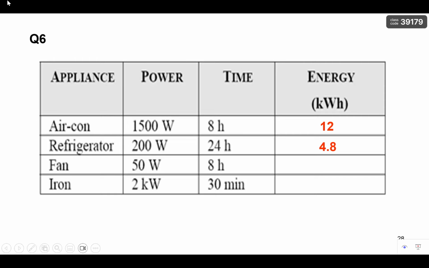Next one, the fan, I'll get 0.05 kilowatts times 8 hours, I get 0.4 kilowatt hours. And the last one, the iron, is already in 2 kilowatts, but the time I use is not even 1 hour, it's 30 minutes, so it's half an hour. So 2 times half an hour, I'll get 1 kilowatt hour.